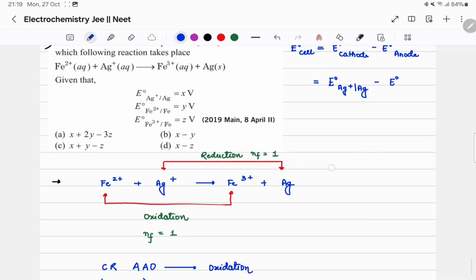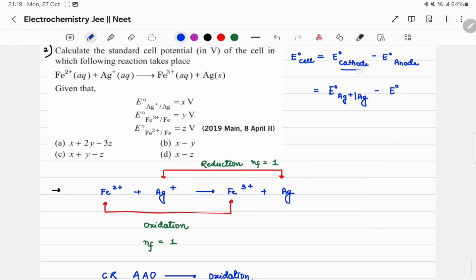One thing you need to know: whenever we write this formula, cathode reduction and anode oxidation is no problem, but we always have to write both in terms of SRP, standard reduction potential. So I write Fe3 plus converting into Fe2 plus. Be aware, both of these values must be reported as SRP. That is the mistake students generally make.